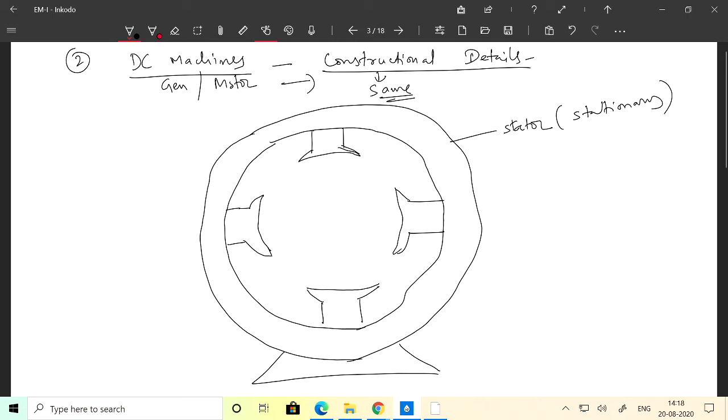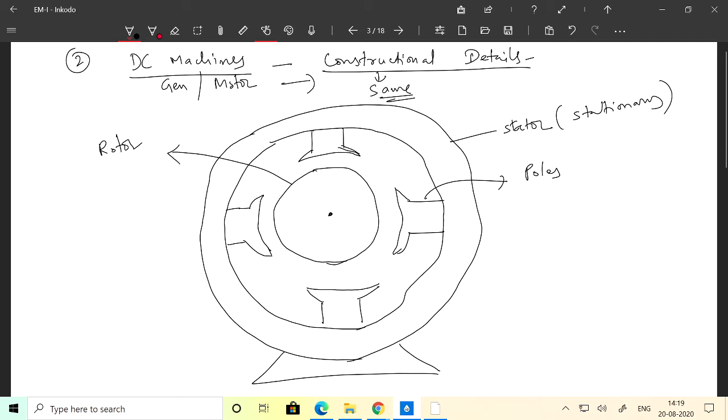Okay, so these are poles, and the coils. Okay, these are the poles, and you have a rotor in the middle. Okay, this is rotor.